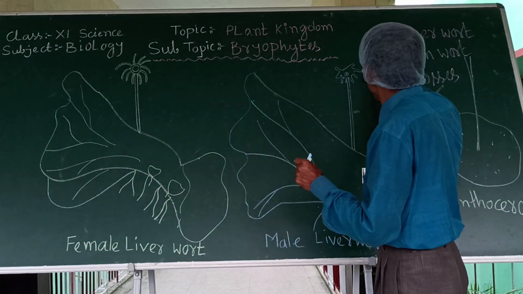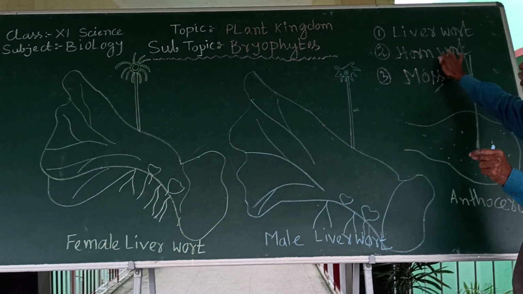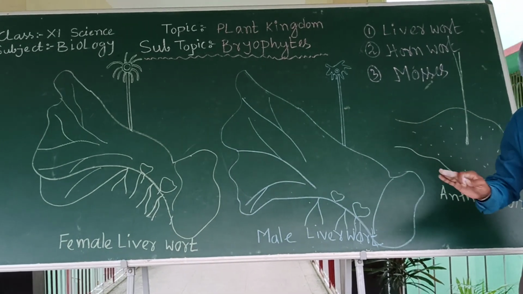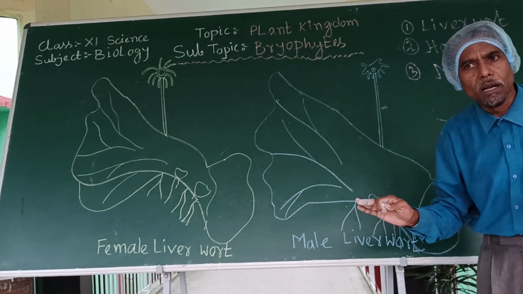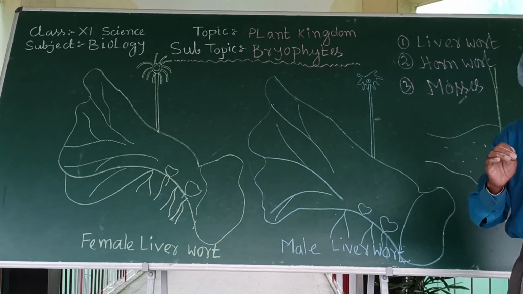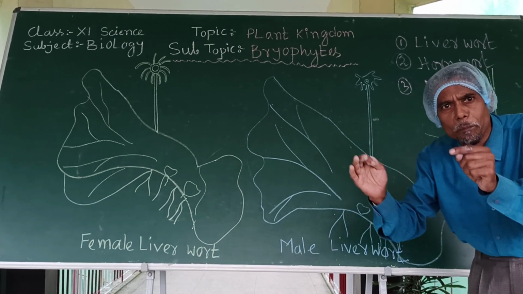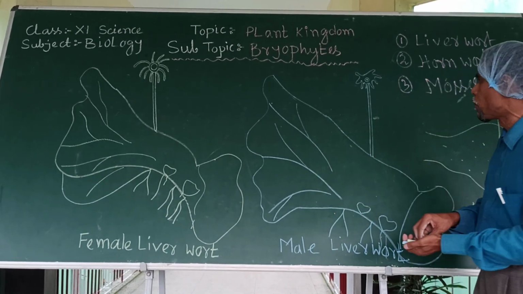But in all the cases, liverwort, hornwort and mosses, the life cycle is divided into two main phases. What are the two phases?